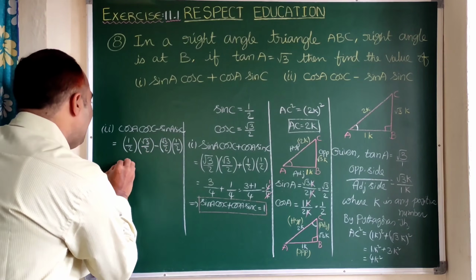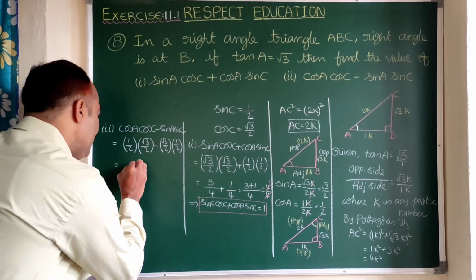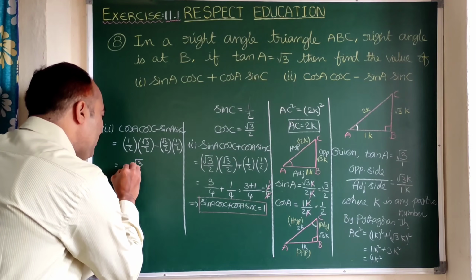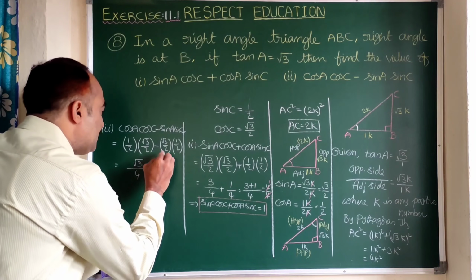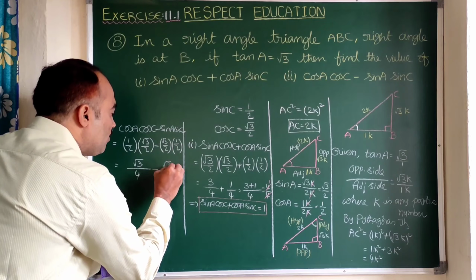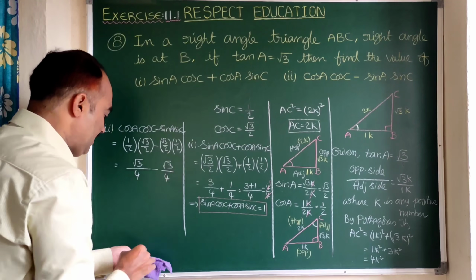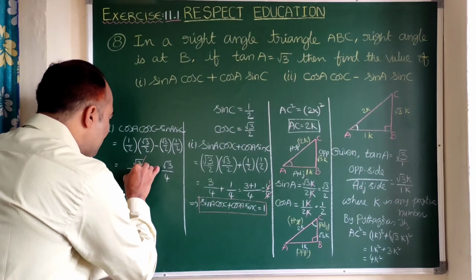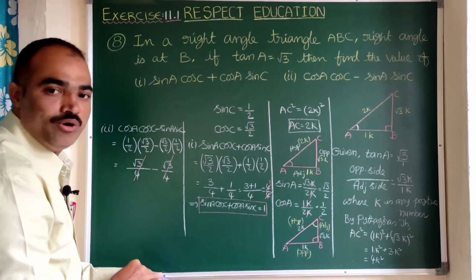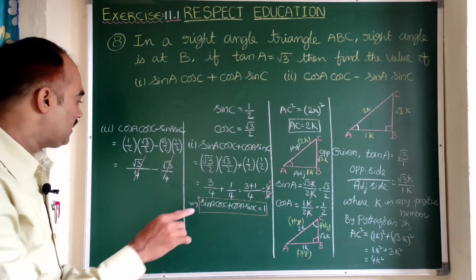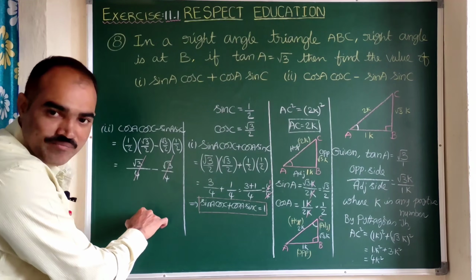Now let us multiply 1 into root 3. Root 3 by 2 2s are 4, minus root 3 into 1, root 3 by 2 2s are 4. Here you observe, root 3 by 4 minus root 3 by 4, they both get cancelled. If not, you can take the LCM, 4 is the LCM.